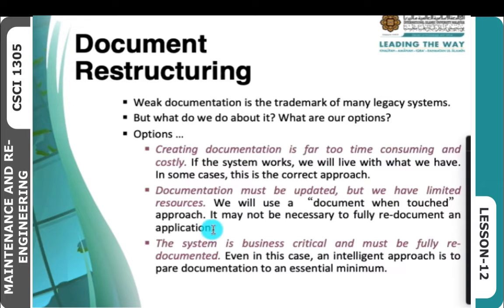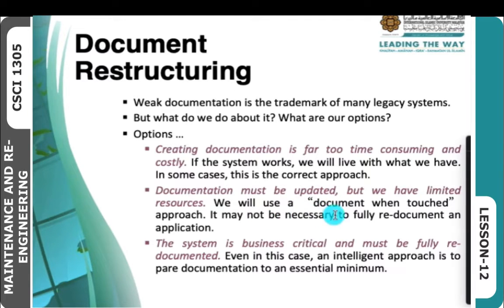Okay, let's see another option. Documentation must be updated, but we have limited resources. We don't have the previous documents, for example, on how to do it. So what we may do is document when touched, meaning when you make changes, you document the changes. That is what it means by document when we touch.